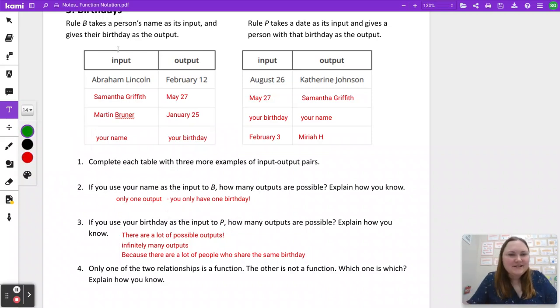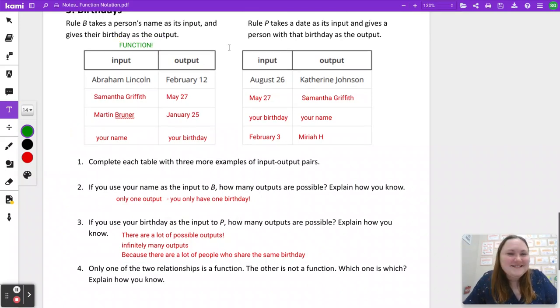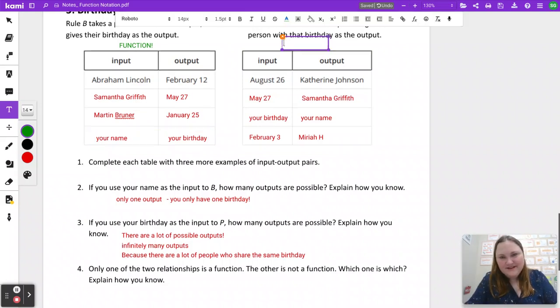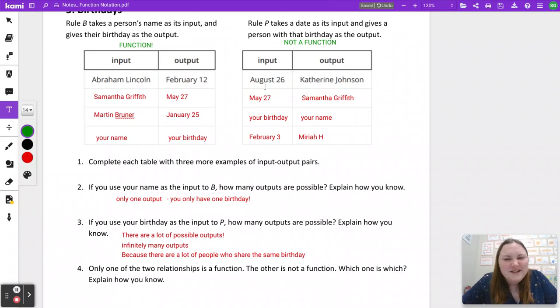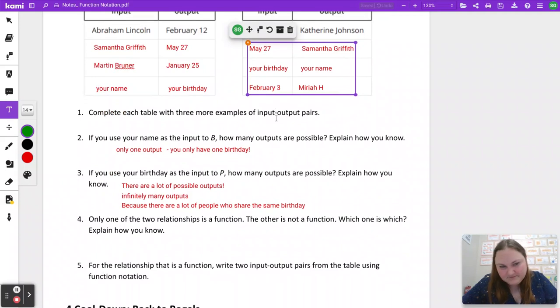So our answer is this first one here. This is the function. It is a function because each of these inputs has only one output. This one here is not a function. And if I asked you to explain why it's not a function, it's not a function because one input, we said, could have many, many, many outputs.